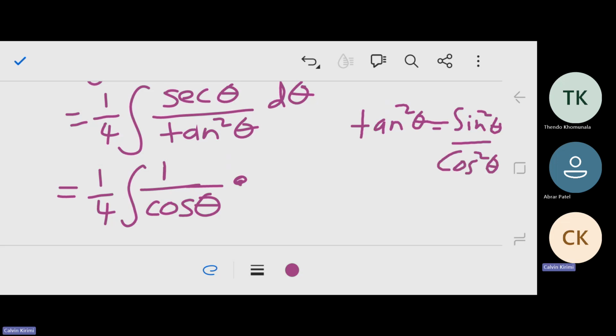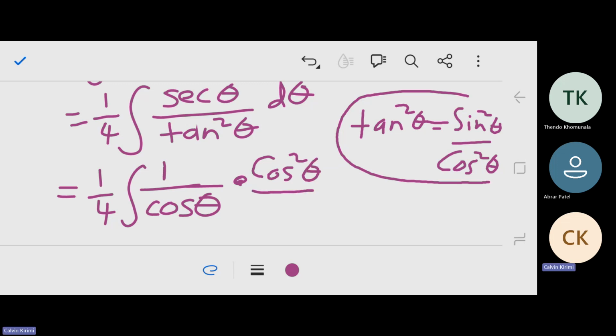Since it is 1 over that, we invert, so it becomes cos squared theta over sine squared theta. So this is what we have done.